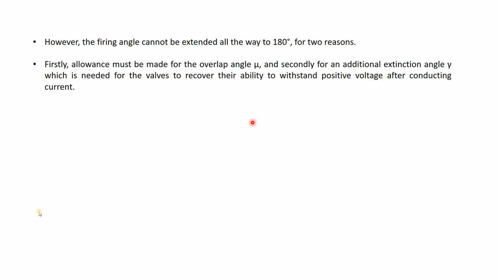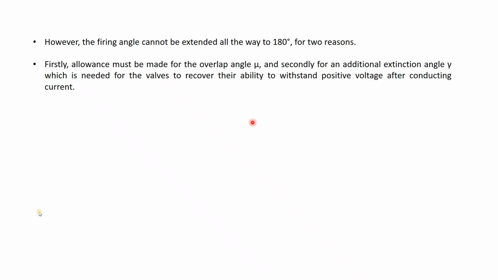First, allowance must be made for the overlap angle mu, and secondly for the additional extinction angle gamma, which is needed for the valves to recover their ability to withstand positive voltage after conducting current. That means there is some restriction. The first one is the overlapping angle: if the total firing angle is increased to 180 degrees, then the overlapping angle will be more.